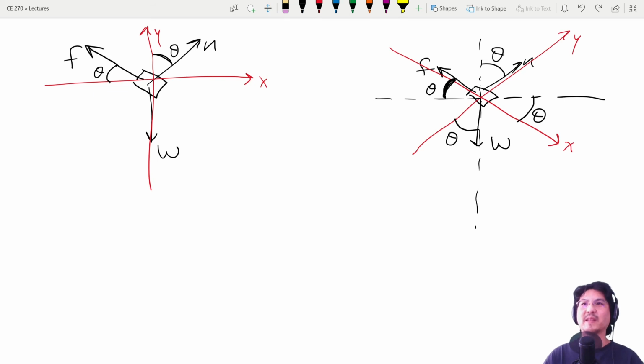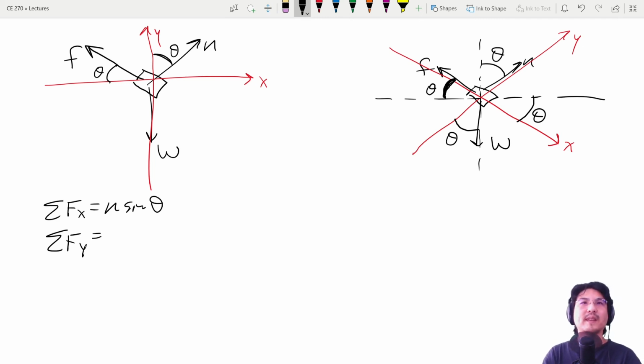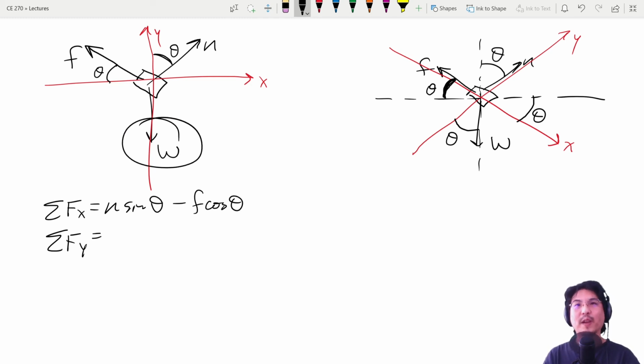Okay, so then step 3, let's write Newton's second law decomposed. So we'll split it into the x and y components. In the x direction, the x component of n is positive, and it's opposite the angle, so sine. The x component of the friction is negative, and it's adjacent to the angle. And then the x component of the weight is nothing, 0.